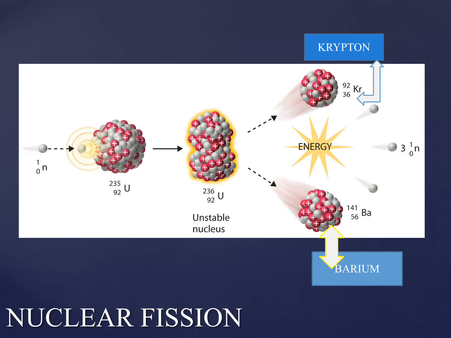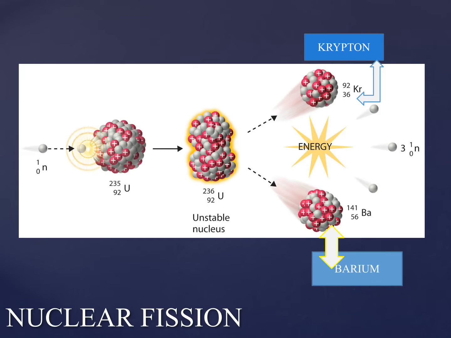Now if you look at the picture in front of you, you will see large atoms of uranium is forced to undergo fission. How? By bombarding it with the neutron. So you have a neutron with no charge and a uranium 235.